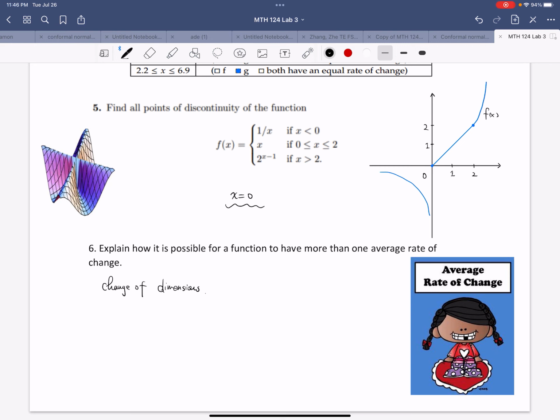Question 6, explain how it's possible for a function to have more than one average rate of change. First of all, you need to know that the average rate of change depends on the interval, right? The interval [a, b] changes. It's possible that the average rate of change can be different.